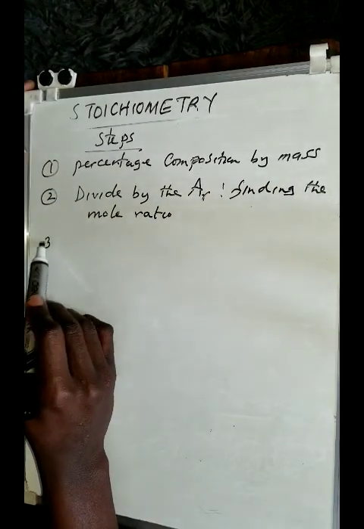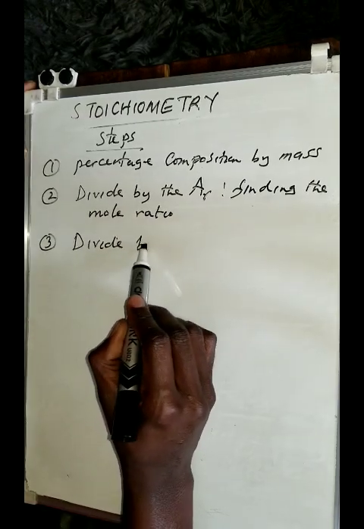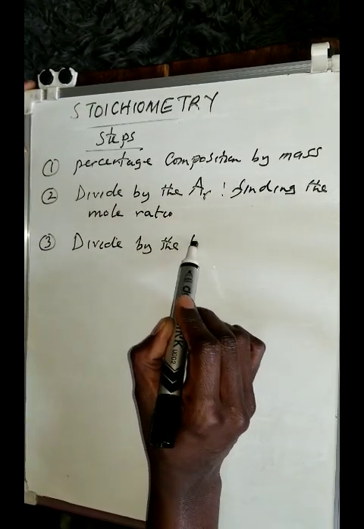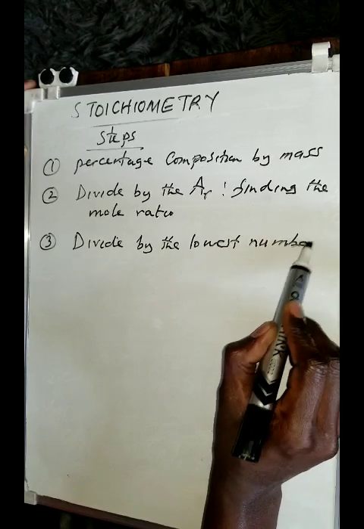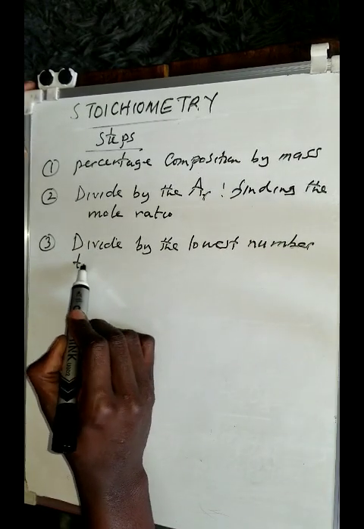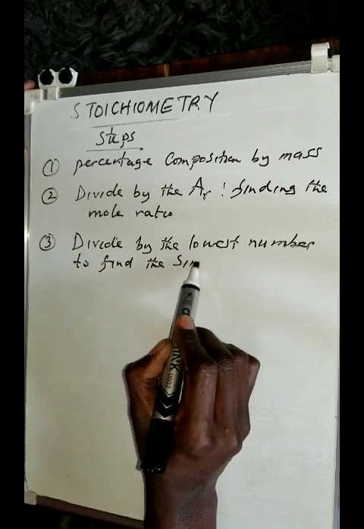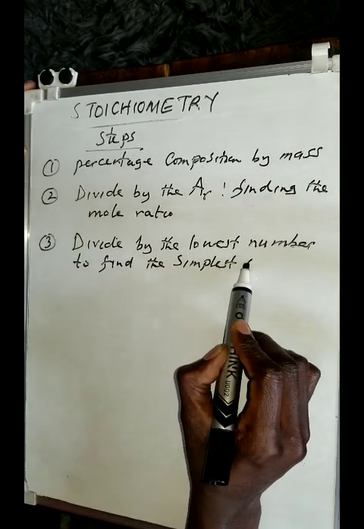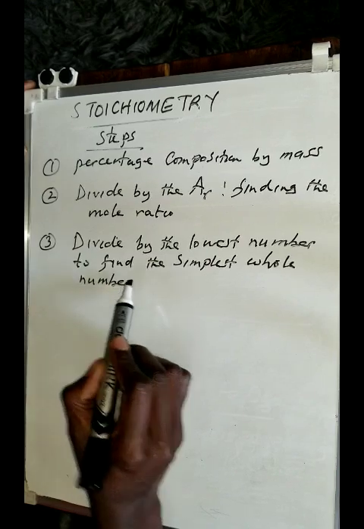Once you do that, the next step is to divide by the lowest number, to find the simplest whole number ratio.